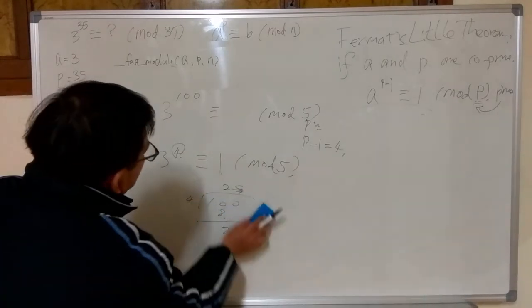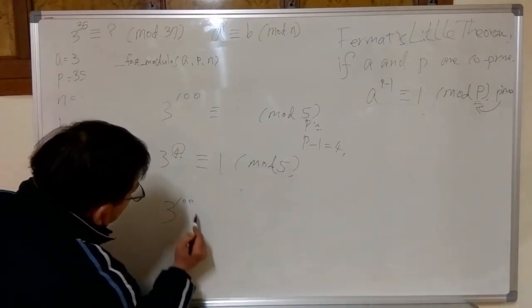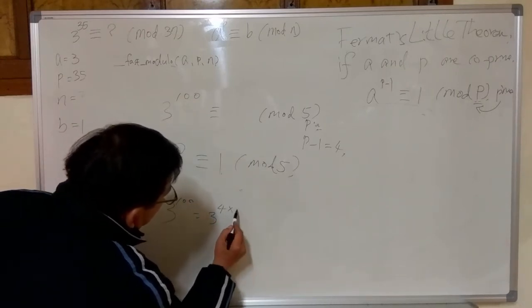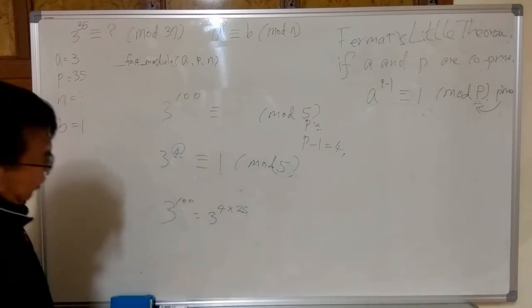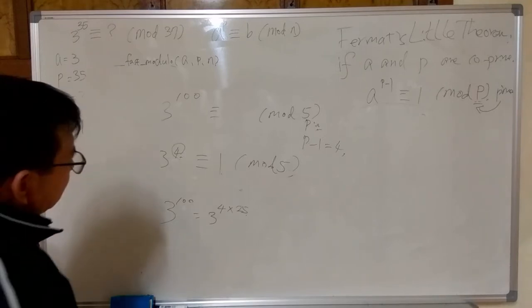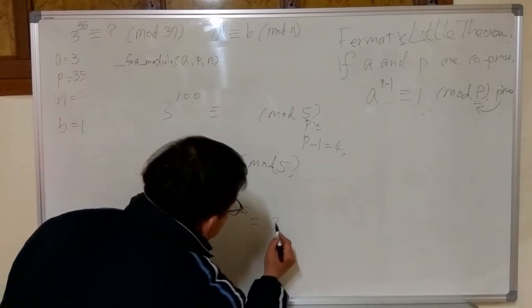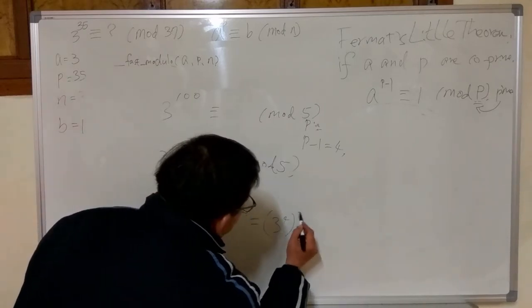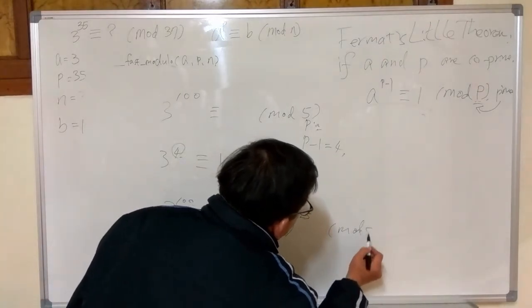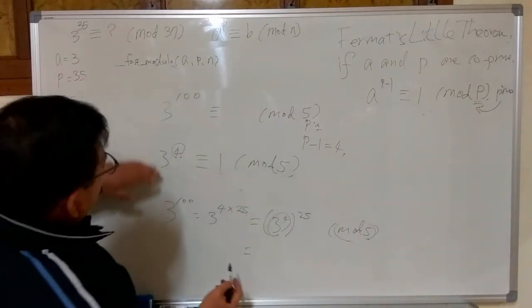So it can be written like this. 3 to the 100 means 3 to the 4 times 25. Then 3 to the 4, over 25, mod 5 means 1 because of this.